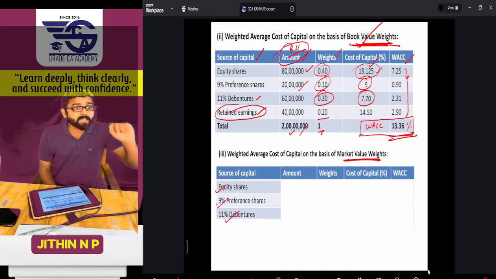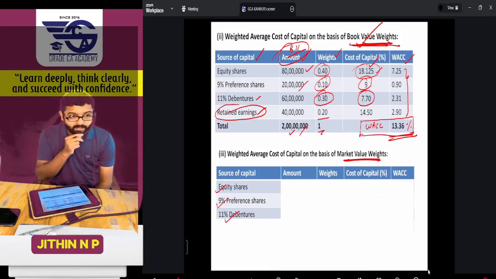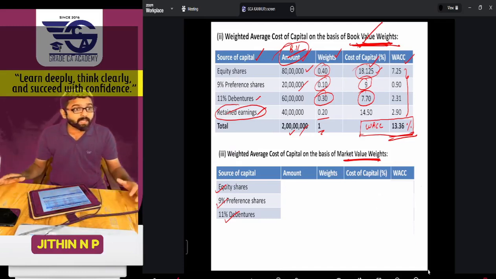Actually, retained earnings belong to equity shareholders. Because of these retained earnings, the market value of equity shares is increasing. Hence, retained earnings are separately not considered. There is no separate market value for retained earnings.